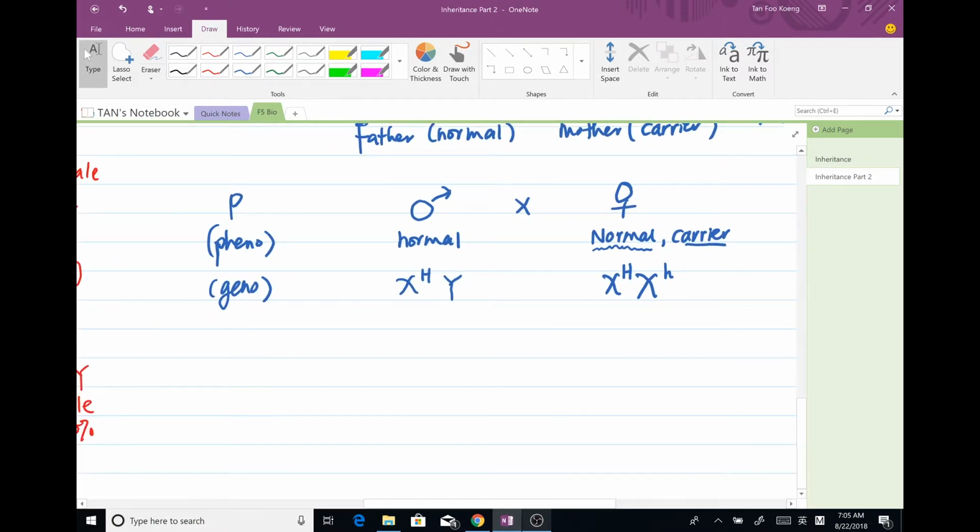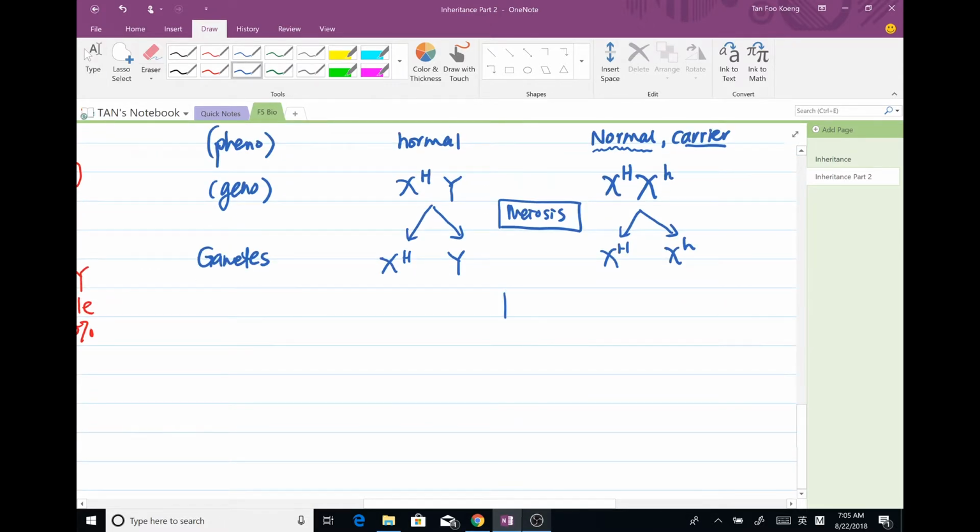Now let's see, what are the gametes produced by the father and the mother? The process to produce gamete is known as meiosis. Father is able to give rise to 2 types of gametes. Mother is also able to give rise to 2 types of gametes. During random fertilization, there are 4 possibilities of the genotype in F1 generation.